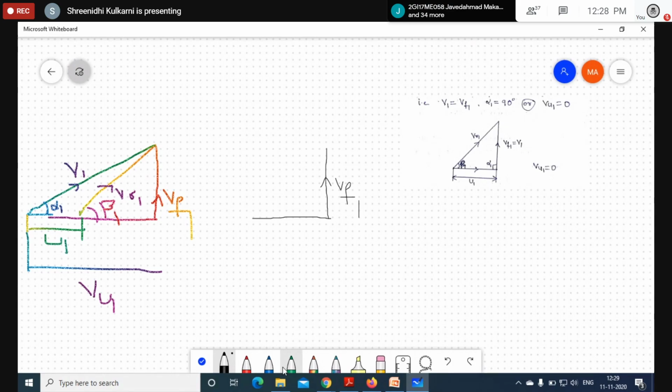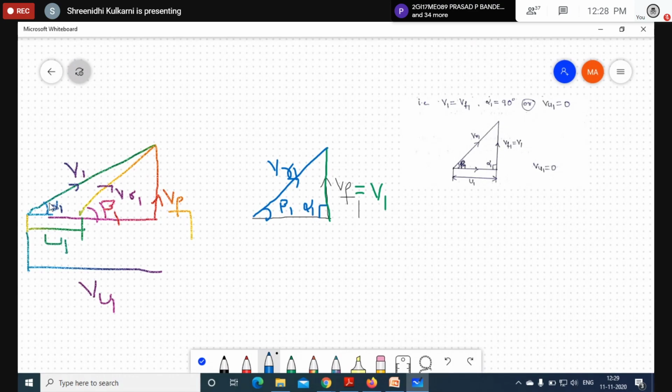So here I'll write VF1 equals V1, and this is beta 1 and VR1, and this angle I'll call alpha 1.